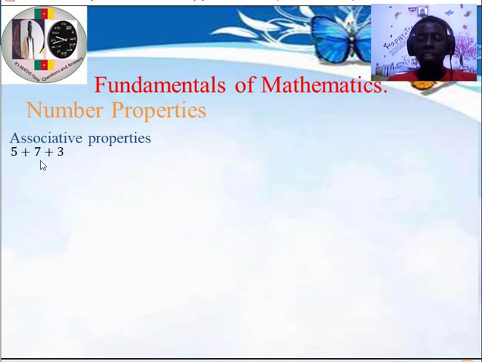In this video, we'll just take two different ways to add this expression on the board. Some people may decide to add the first two, which is 5 plus 7, as most people will do, and that gives us a result of 12, and then they will take this result of 12 and add it to what? 3, to give us a result of 15. Now let's look at what other people may do. Some people may quickly see that if you add 3 plus 7, it will give you 10, and you take this result of 10 and add it to 5, and it will give us again 15.